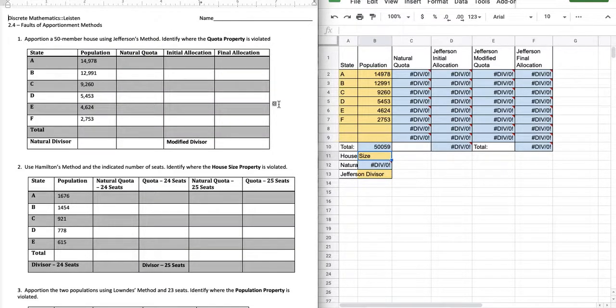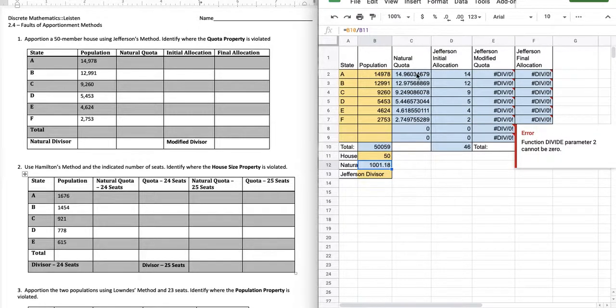So the very first one is apportion a 50-member house using Jefferson's method. Identify where the quota property is violated. So I'm going to go through. Over on the right side, I have all of the populations already entered. This is the Jefferson's method calculator that we all have. We've got a 50-member house, so I'm going to put my numbers in there.